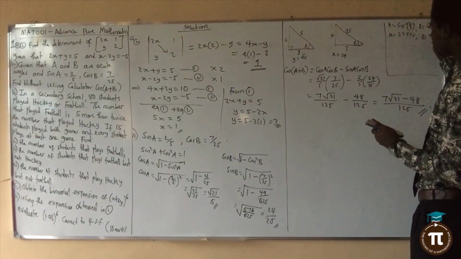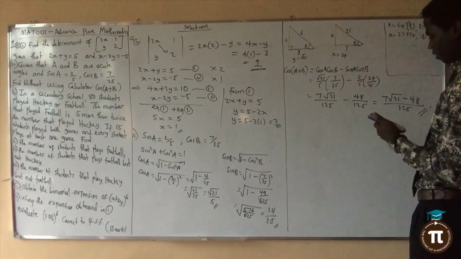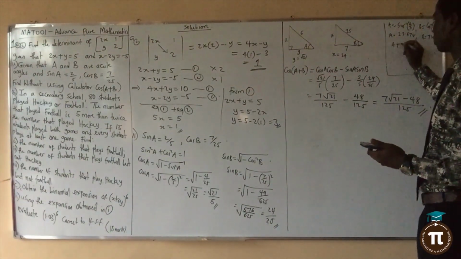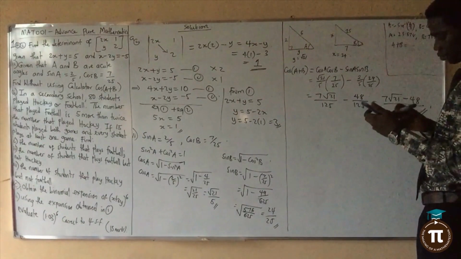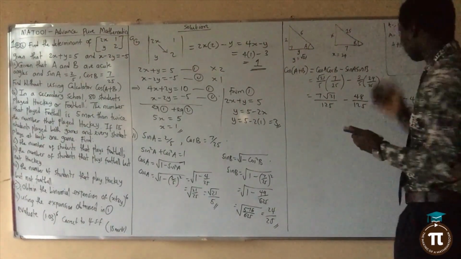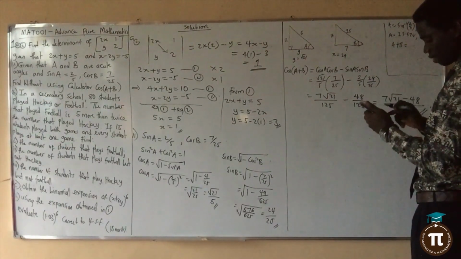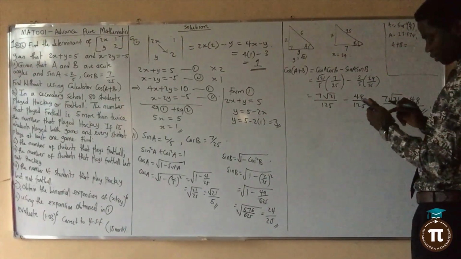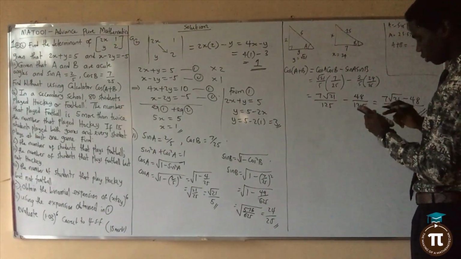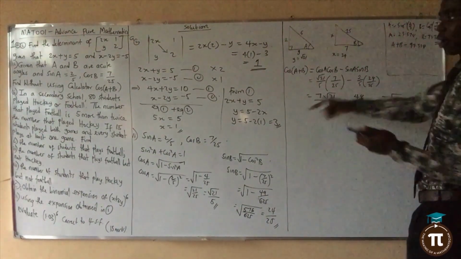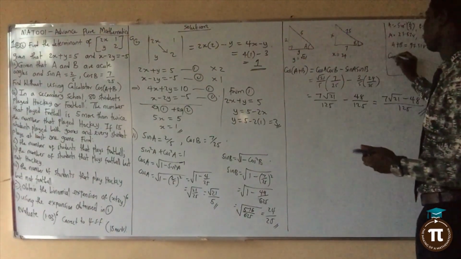This one gives me 73.74. So I will now add A plus B very fast. 23.578 plus 73.74 gives me 97.318. So I will now do cos of that answer, cos(A + B).